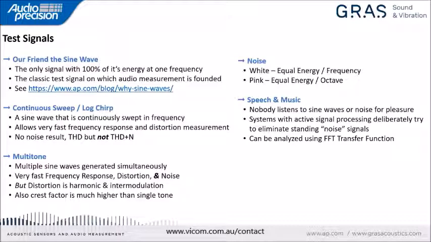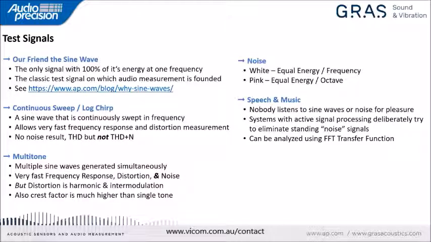One advantage of doing that, setting aside the fact that they could be more representational of the actual test signal you're trying to reproduce with your device, is that many modern devices with active signal processing will filter out standing tones or noise, and it will be eliminated and you won't get a measurement.